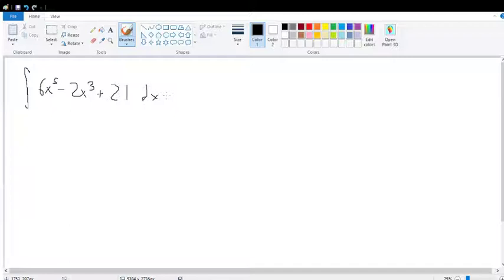Now there's something else we need to know. An integral of a sum is the sum of integrals. In other words, the integral of f of x plus g of x, two functions of x, dx, is going to be the same as the integral of f of x dx plus the integral of g of x dx.